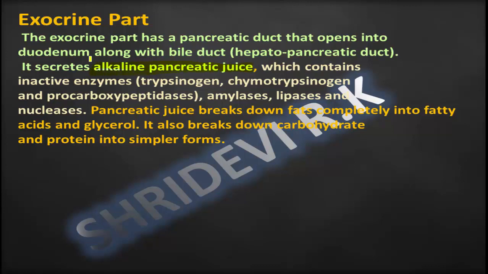It is secreted in the duodenum portion of the small intestine along with the bile duct, that is why the common term hepatopancreatic duct. The common hepatic duct as well as the pancreatic duct open into the duodenum. The function is controlled by the sphincter of Oddi. The pancreatic juice is alkaline in nature and it contains inactive enzymes.